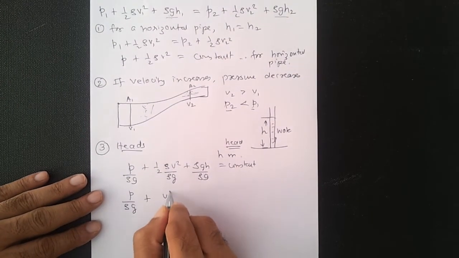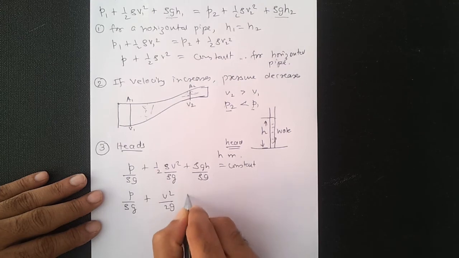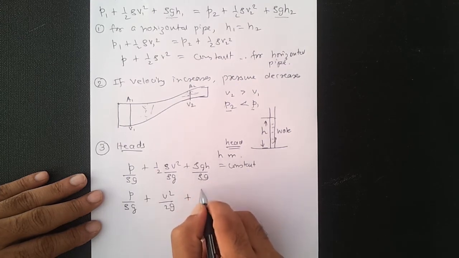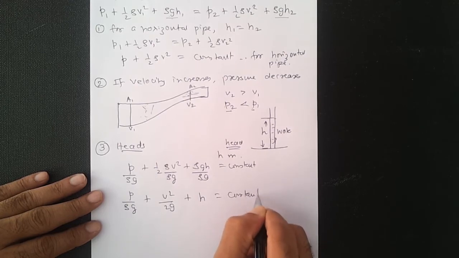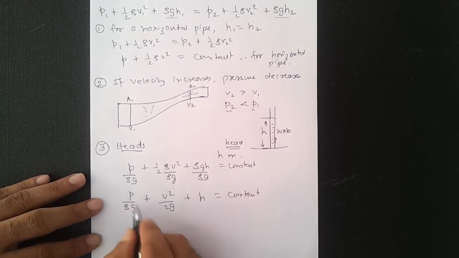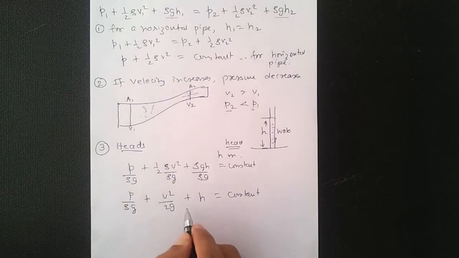Now if I find out the units of these three terms, it will turn out to be meter, a distance. Let us take an example. Let us take v square upon 2g. The unit of v square will be meter per second into meter per second, and the unit of g is meter per second square.